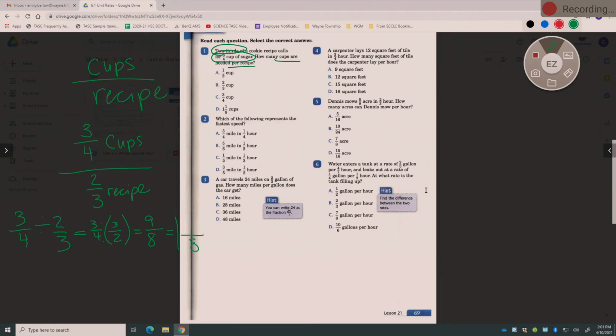Remember, my denominator stays the same, and my numerator is the denominator times the whole number, which would be 8 times 1 is 8, and the difference between that and the numerator. So that would be 9 minus 8 is 1. 1 1/8 cup.